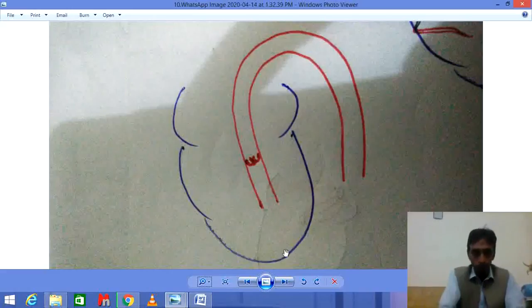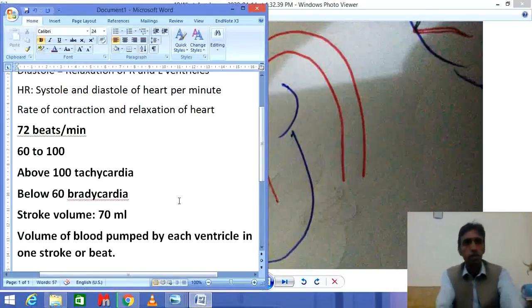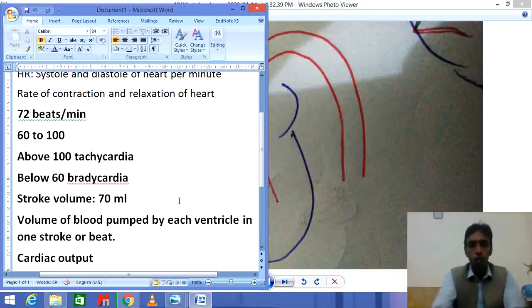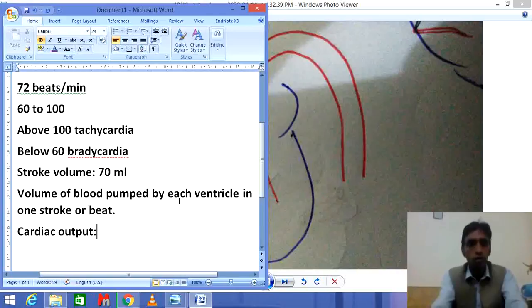Now, coming to the next one, the cardiac output. What is cardiac output? Cardiac output is also called minute volume.